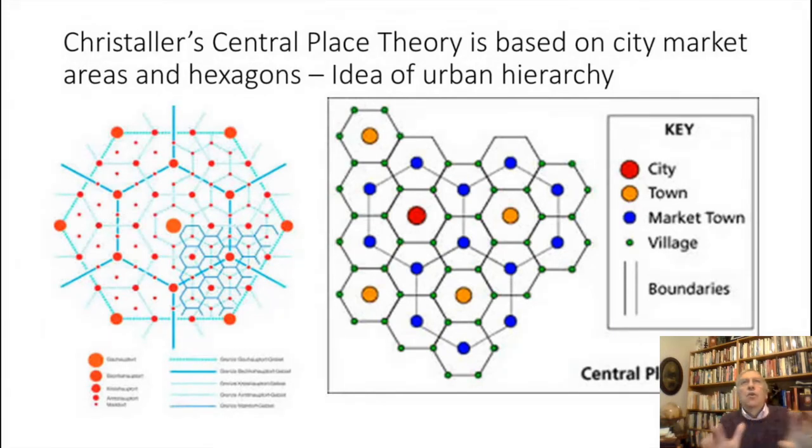So Walter Christaller said, forget all that. Let's go to what he called an isotropic plane. You don't have to know that term, but what he meant was just a flat Nowheresville, so to speak.